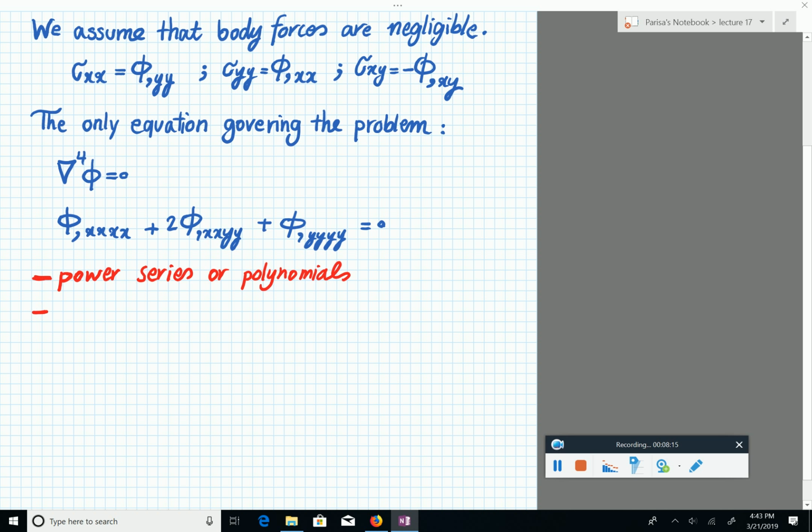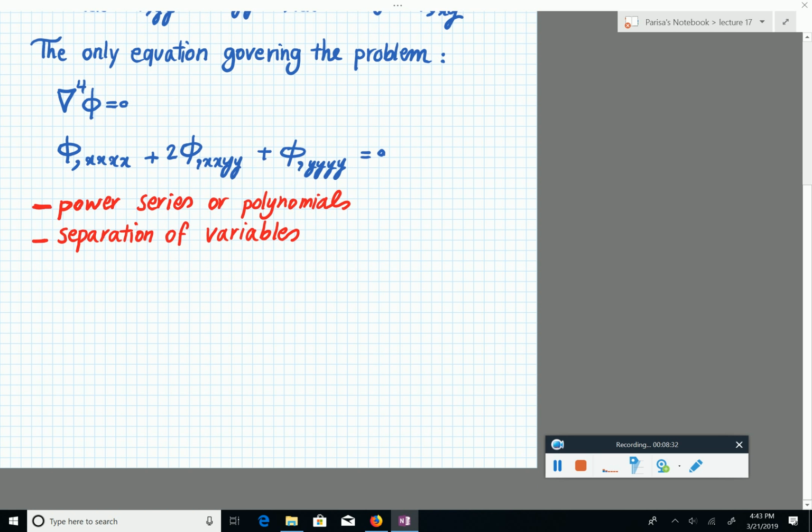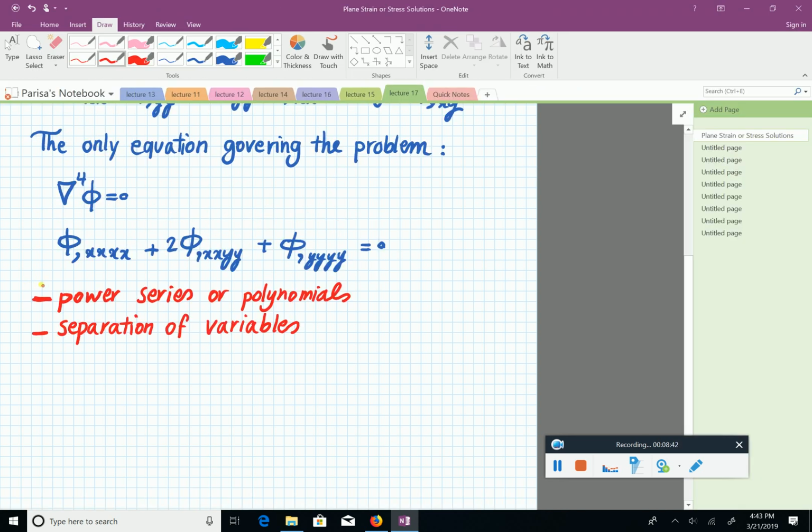And the other is using the method of separation of variables. So what we first consider is the first one, which is using power series.